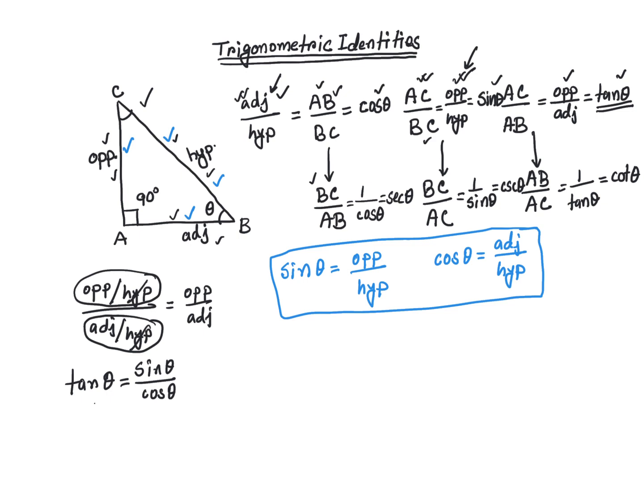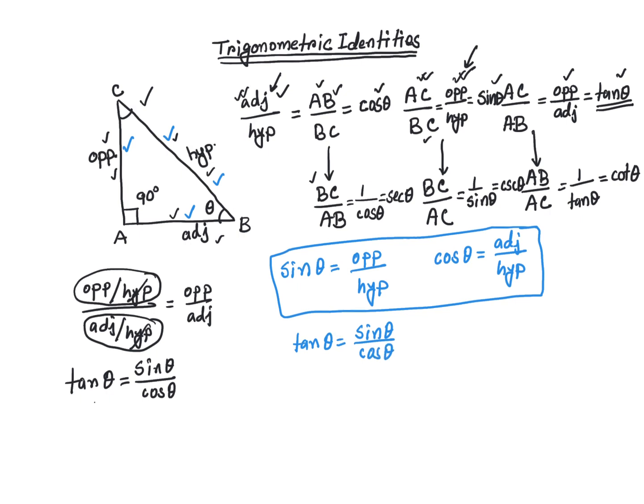Why? Tangent of theta is nothing but sine of theta divided by cosine of theta. And then cotangent of theta is the reciprocal of it, or 1 over tangent of theta. If you want to find secant of theta, you just find 1 over cosine of theta, because that's the same as secant theta.